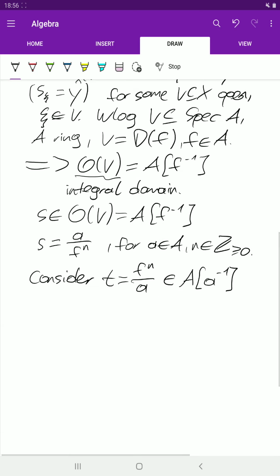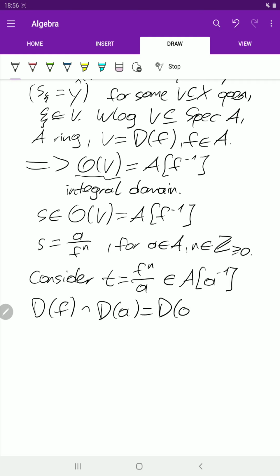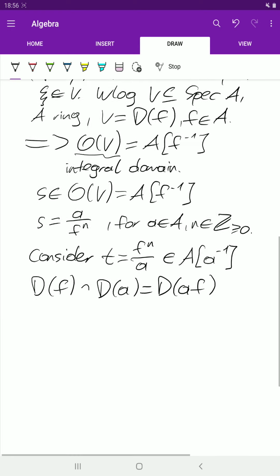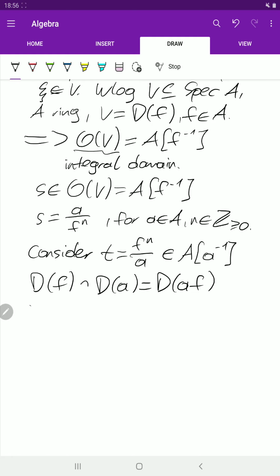And now let's see further. At first note that D(f) intersection D(a) is equal to D(af). And what's important now is that D(af) is an open neighborhood of our generic point.